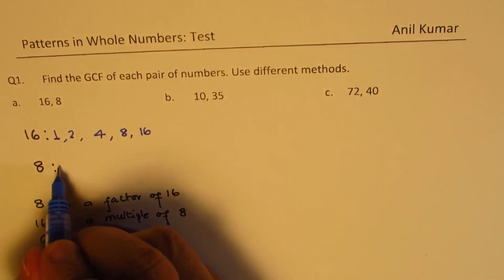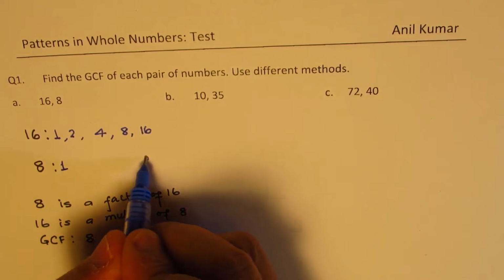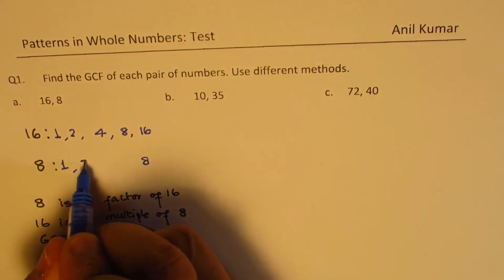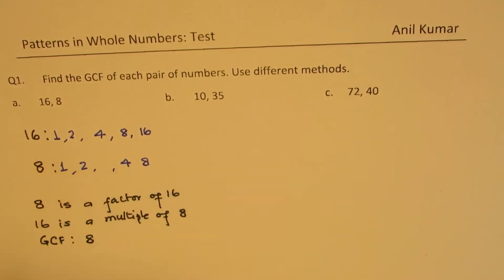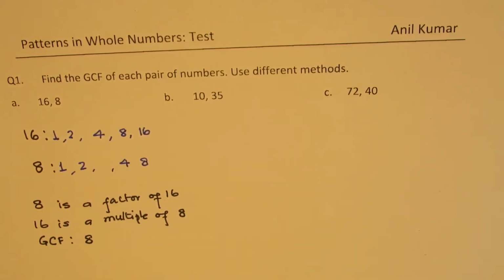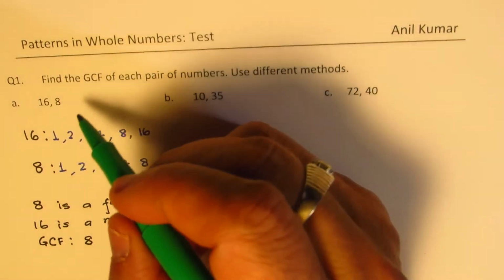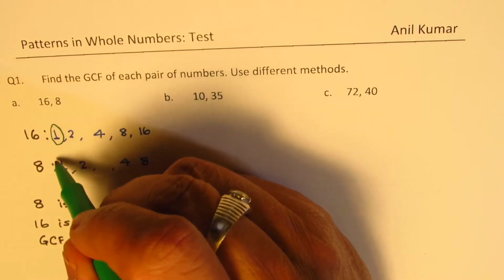As far as 8 is concerned, we know 1 times 8 is 8. 2 times 4 is also 8, right? Well, that gives you all the factors, and which is the greatest common factor? Well, you know the common factors, correct?